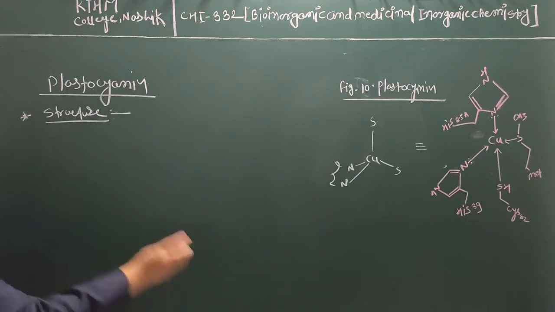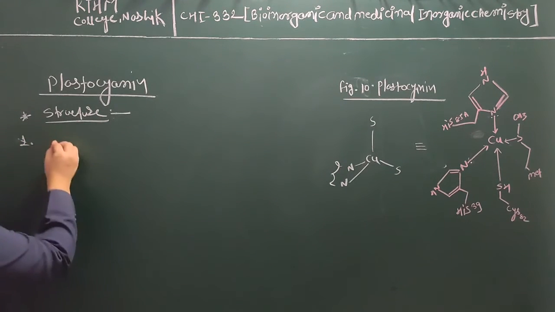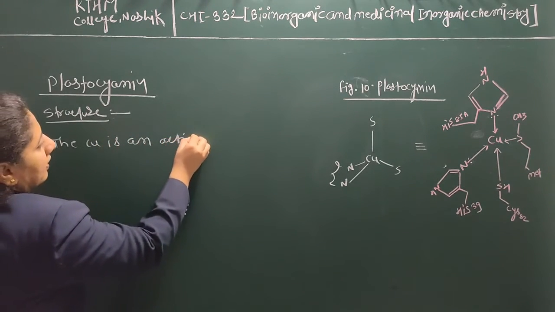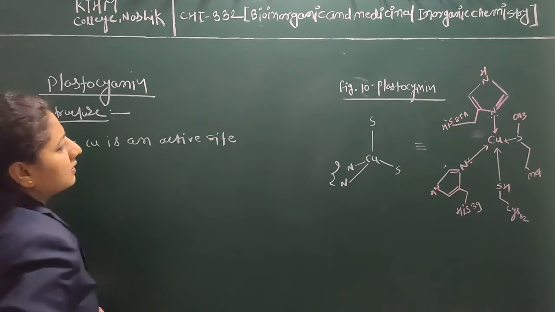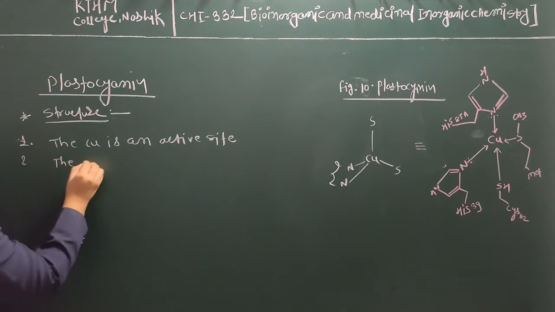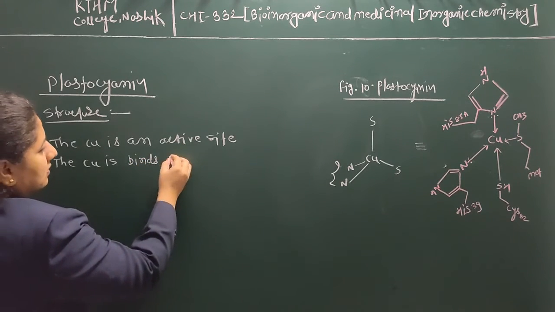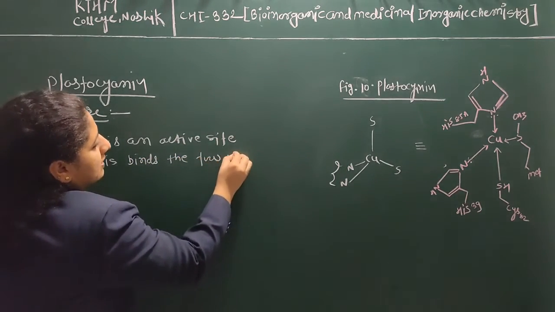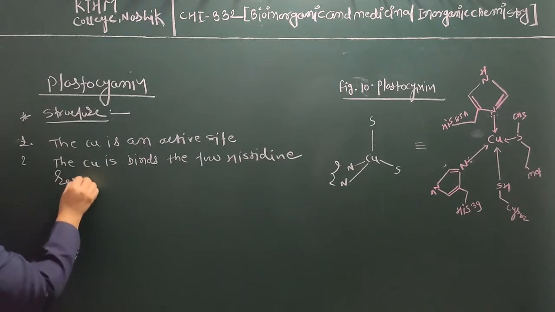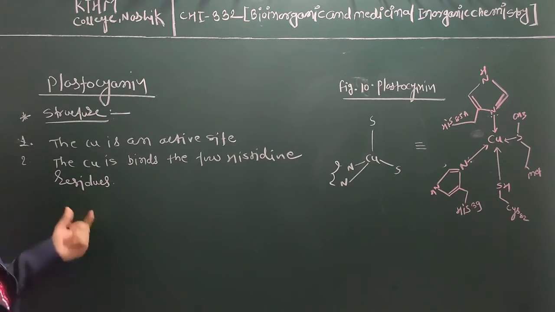As we know, plastocyanin is a blue copper protein. In plastocyanin, the copper is at the active site, which is ligated by 2 histidine residues.